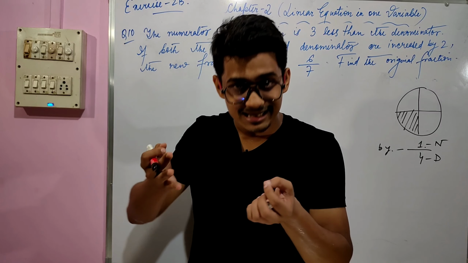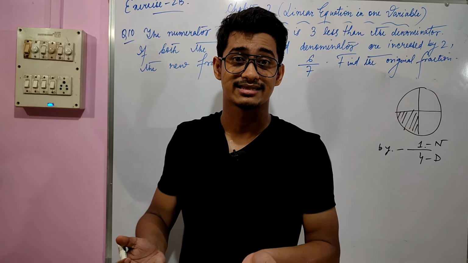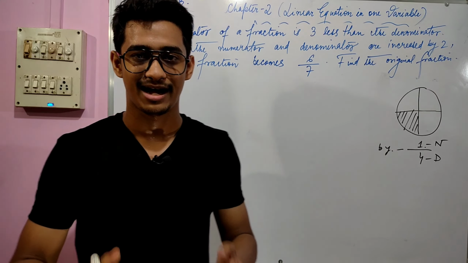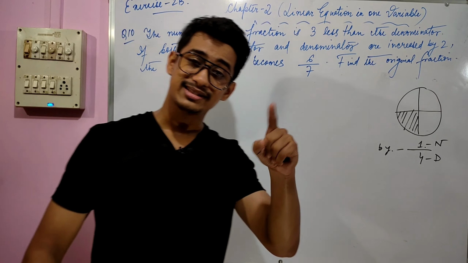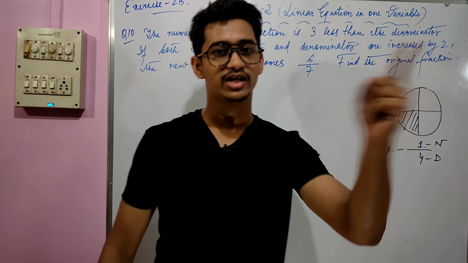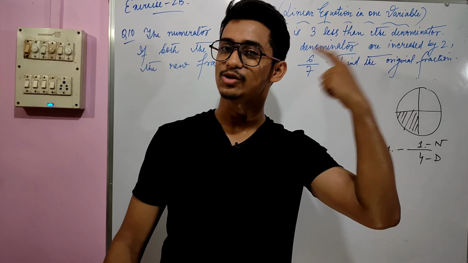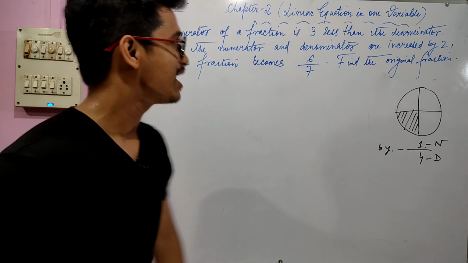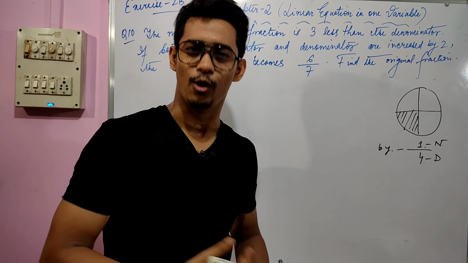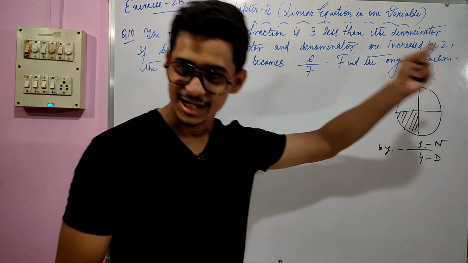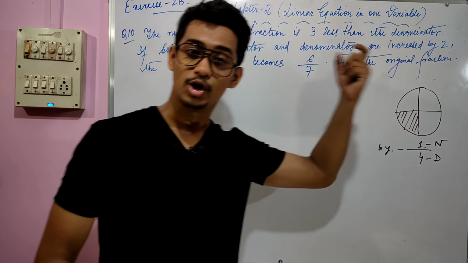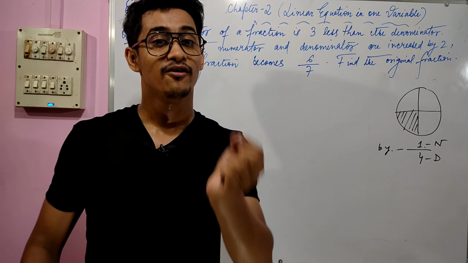So how to find this? To find this very easily, we have to notice what is the thing that is being compared to that other quantity. So that other quantity will be our x. So now see, here the numerator is being compared with the denominator. So the denominator is our first variable.